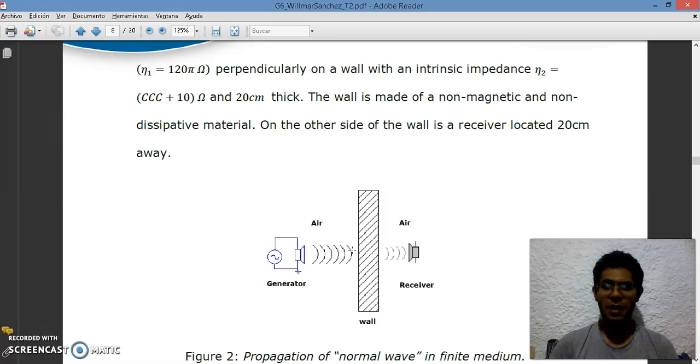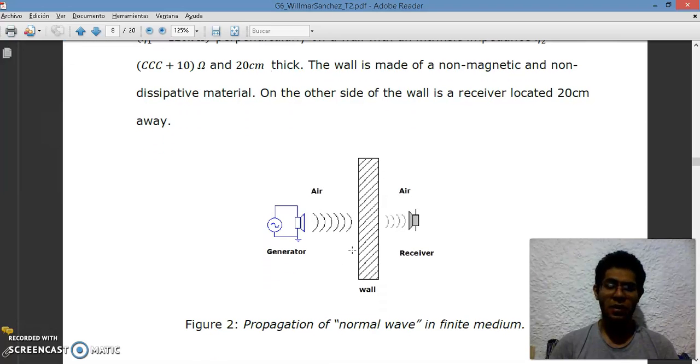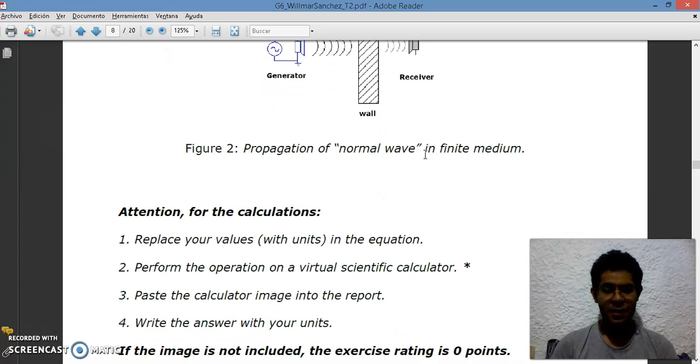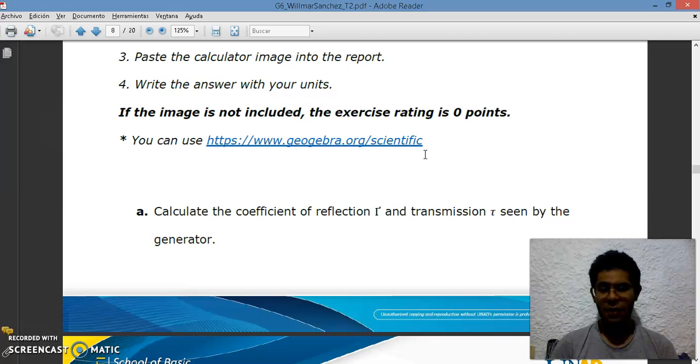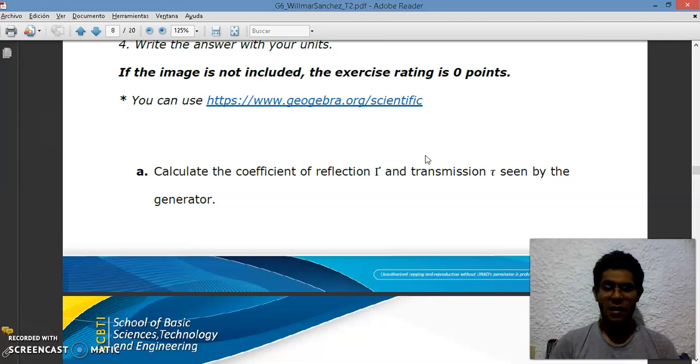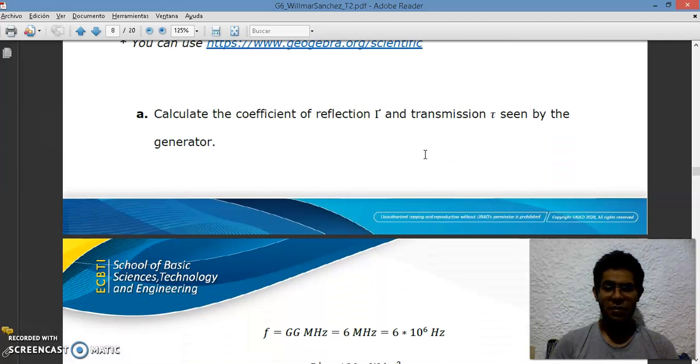The wall is made of a non-magnetic and non-dissipative material. On the other side of the wall is a receiver located 20 centimeters away. Okay, this is the graphic of the situation: the generator, the waves, the wall, air again, and the receiver. Calculate the coefficient of reflection and transmission seen by the generator.